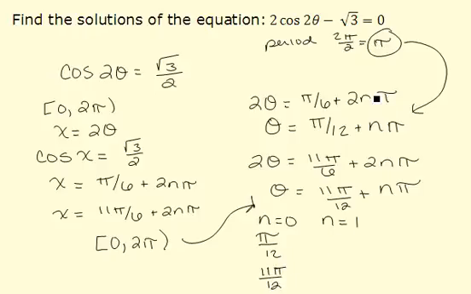When n is equal to 1, we have pi over 6 plus 2 pi, giving us 13 pi over 6.